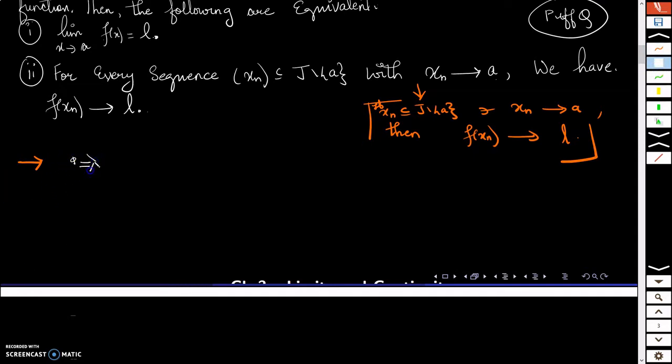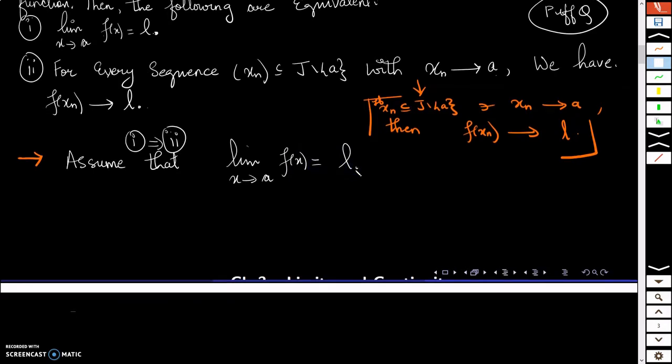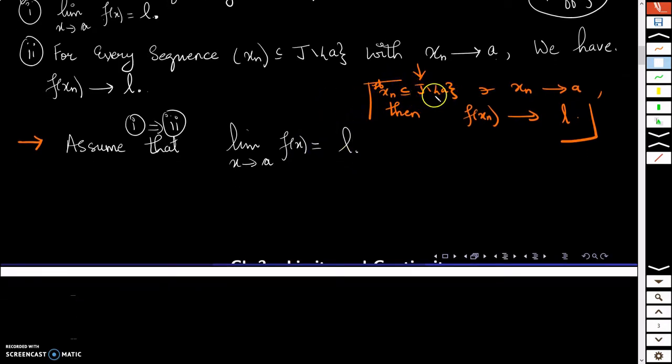I assume that the limit of this function as x tends to A is L. This is my assumption. What I want to prove is that if xn is a sequence in J difference A which converges to A, then f of xn will converge to L.